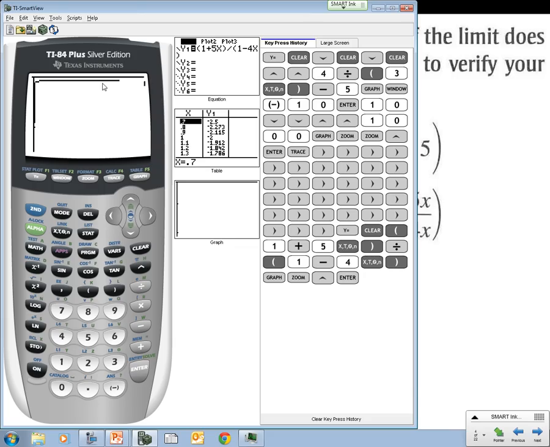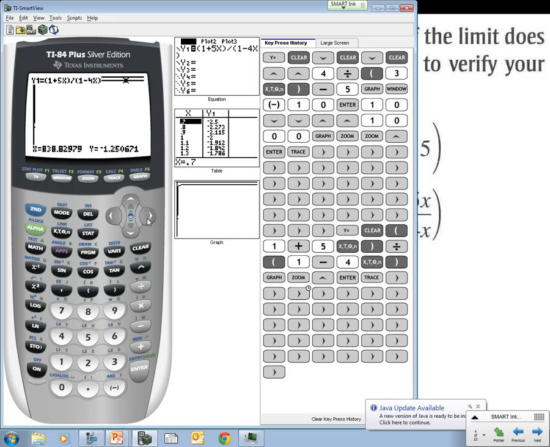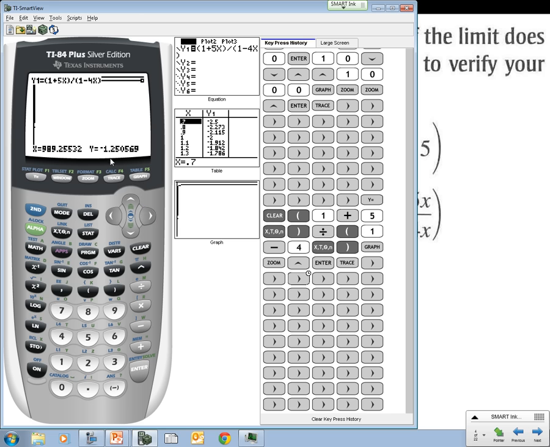And there we go, it's zooming in. Let's hit the trace. As I scroll off to the right and make my x's bigger, 600 and bigger and bigger, you can see what's happening to our y values, negative 1.25, closing in on that, which is 5 divided by 4. So we're in good shape.